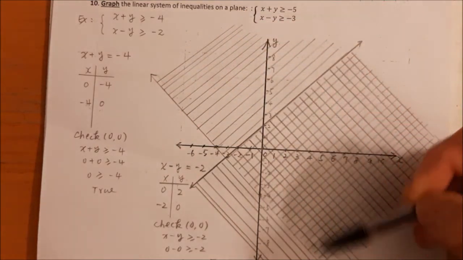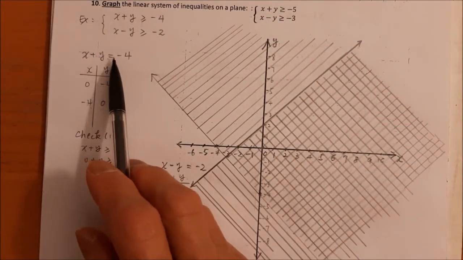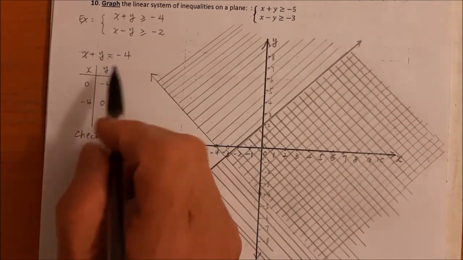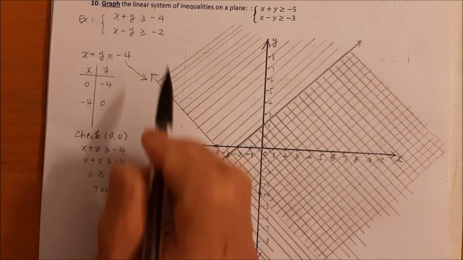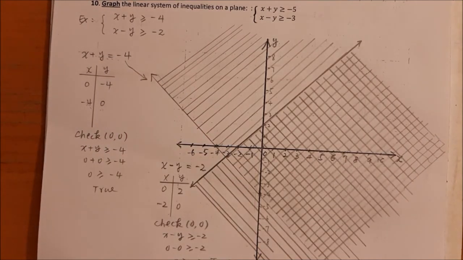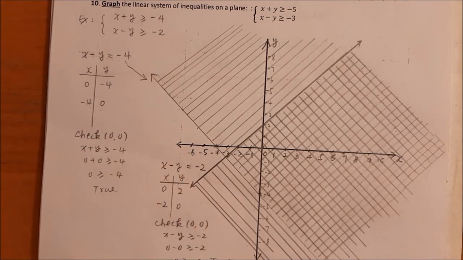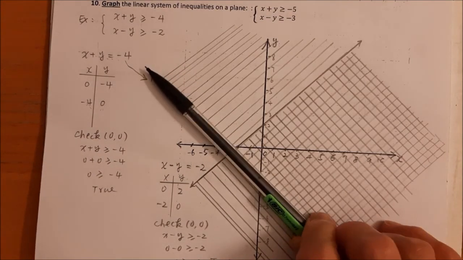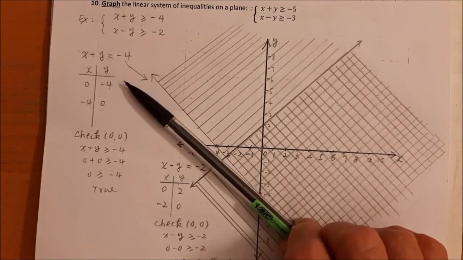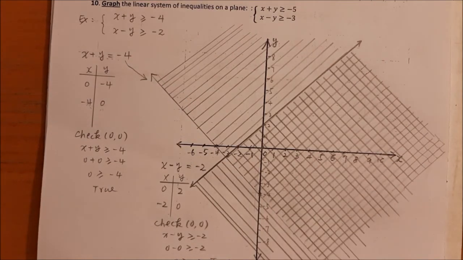This line is x plus y equals -4. Now the question here is x plus y greater than or equal to -4. So you have to decide whether it is the right side or the left side of this line.